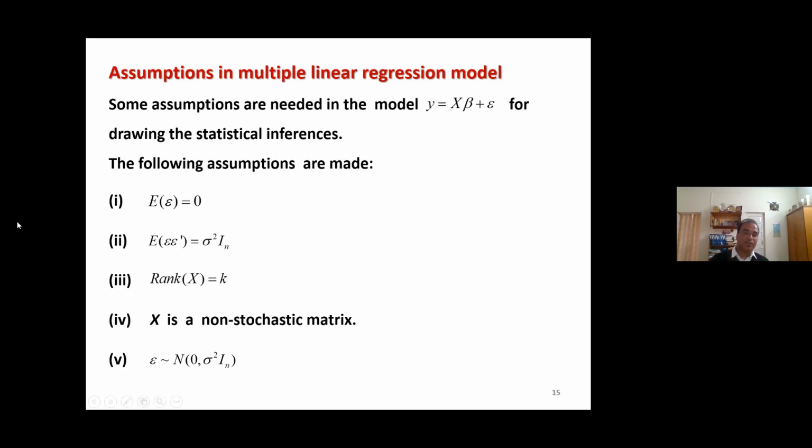So the first assumption I'm writing here is that the expected value of epsilon is equal to 0. As I said, expected means the mean. So you are simply assuming that the mean of all the random errors is 0. That is not a very bad option, because if it were a live class, with you sitting before me, and I simply asked the age of all the participants, somebody's age may be 25 years, but he or she might tell us 26 years or 24 years.